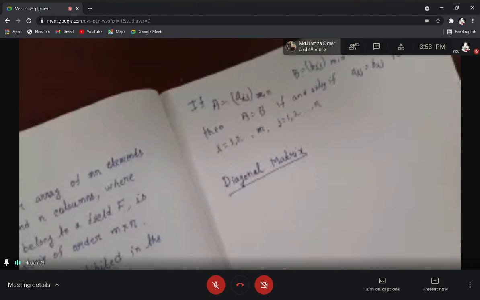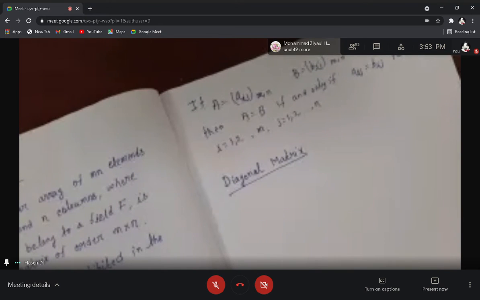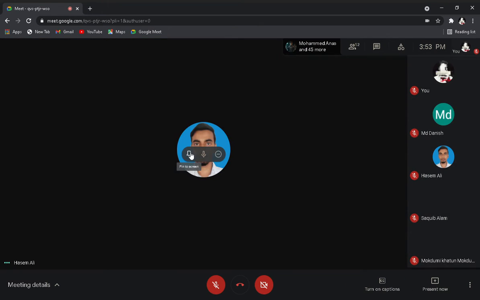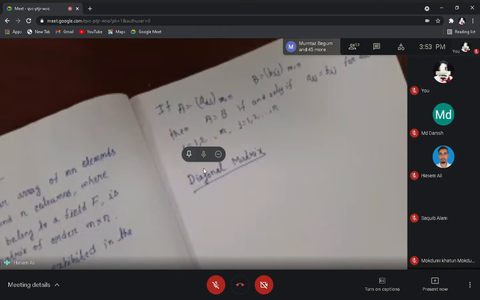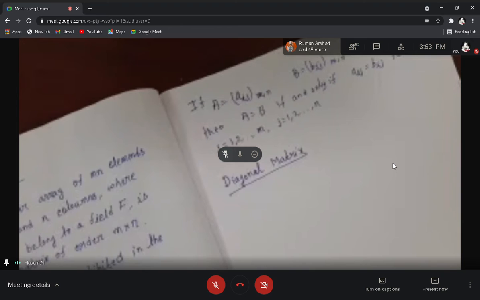What is a square matrix? The matrix in which the number of rows is equal to the number of columns is called a square matrix. If the number of rows is not equal to the number of columns, then the matrix is called a rectangular matrix.